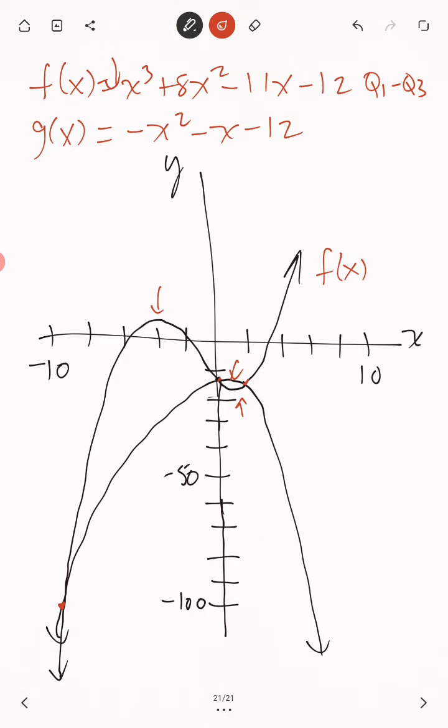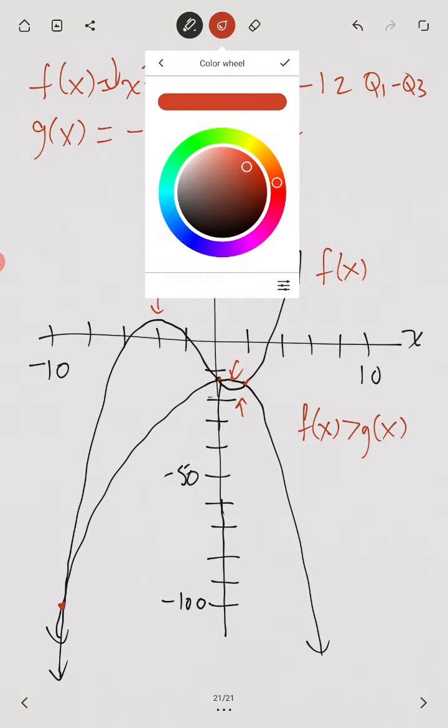Okay, so looking at this sketch now, we need to find where f of x is greater than g of x. Let me just fix my x over here. Okay, and so f of x is greater than g of x wherever the graph of f of x is above g of x. So I'm just going to take a different color here and shade that in.